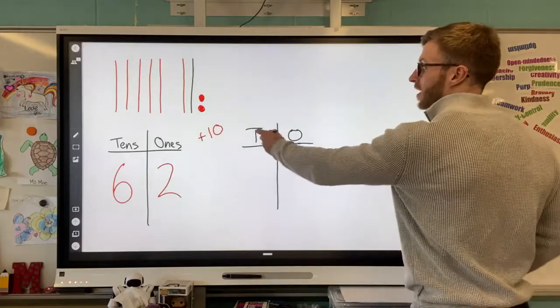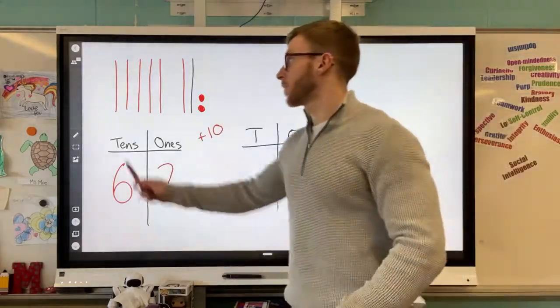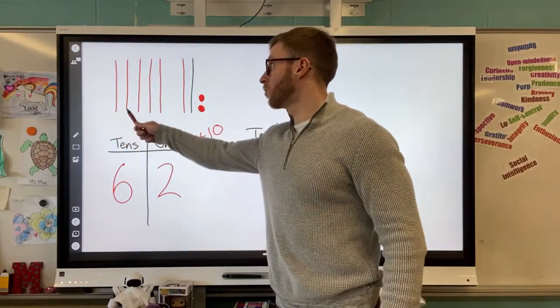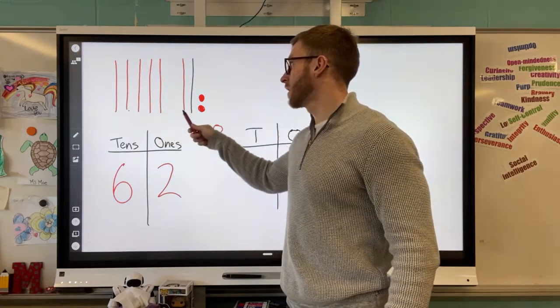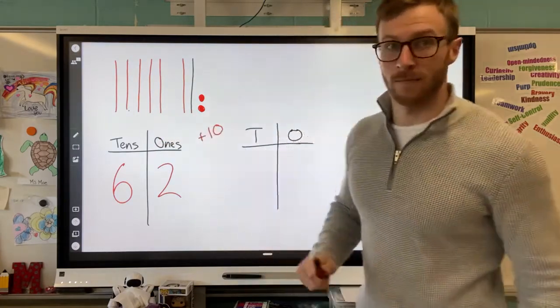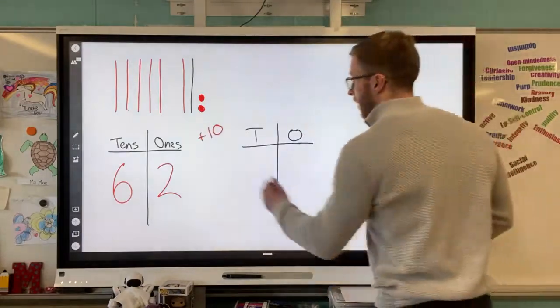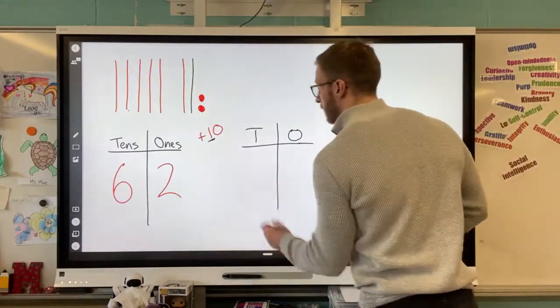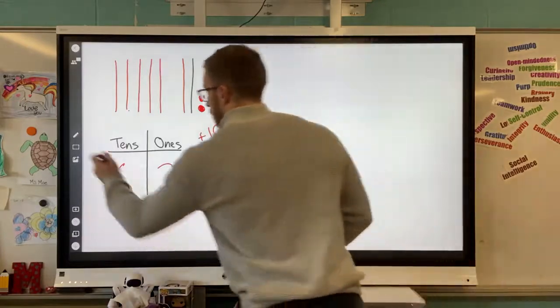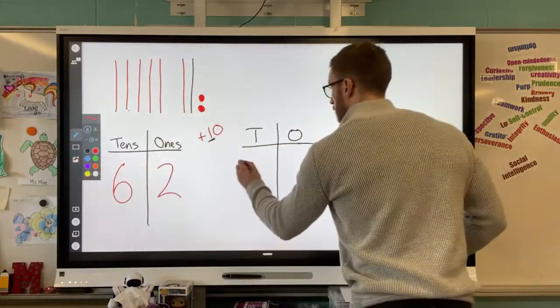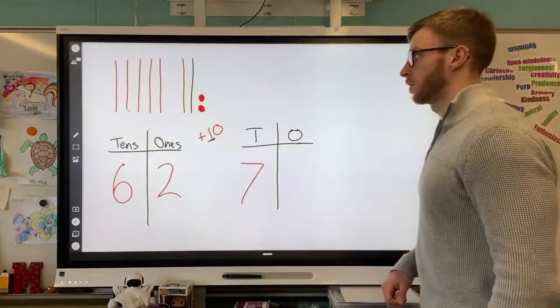Now let's see how many 10s we have. Count with me. Ready? 1, 2, 3, 4, 5, 6, 7. So we're adding 1 10 to make 7 10s. Hold on, I'll write that in red. So we have 7 10s.